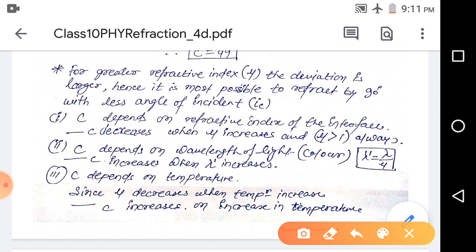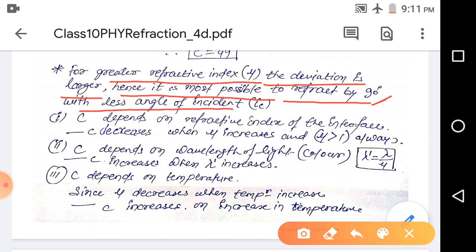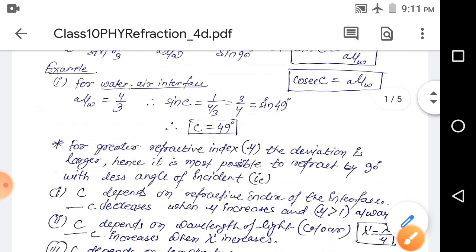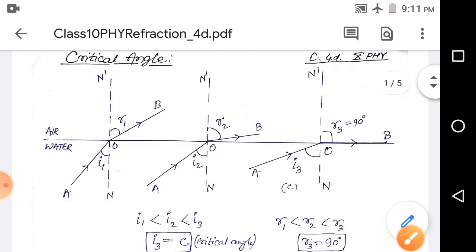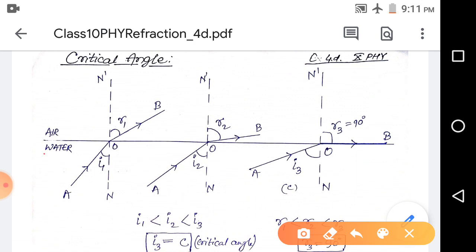See, it is written here that for greater refractive index mu, the deviation is larger, and hence it is most possible to refract by 90 degree with less angle of incidence. I am going to explain it from the figure. You can see, suppose that here we have water.